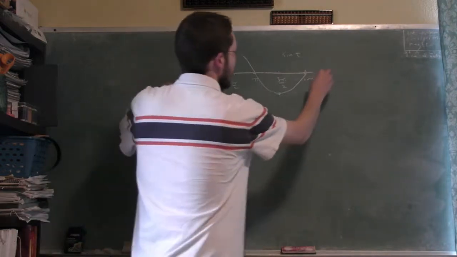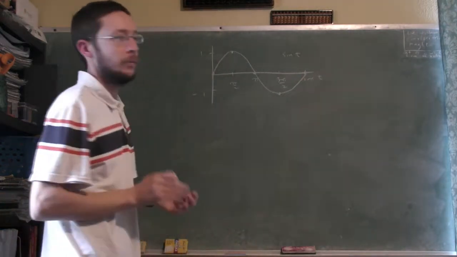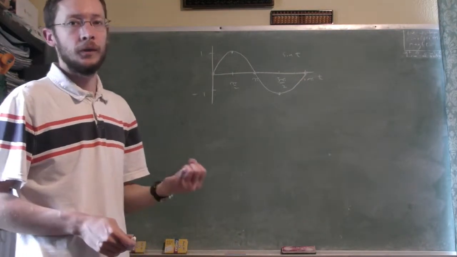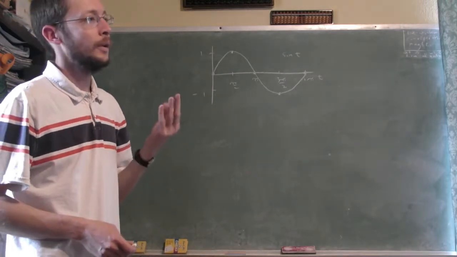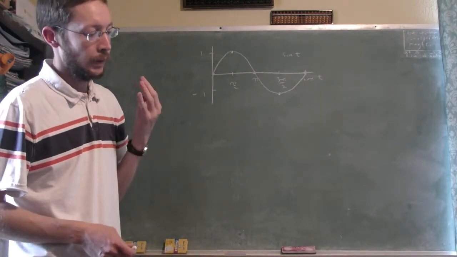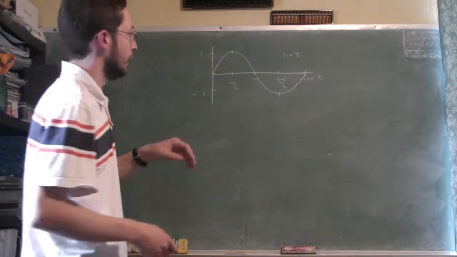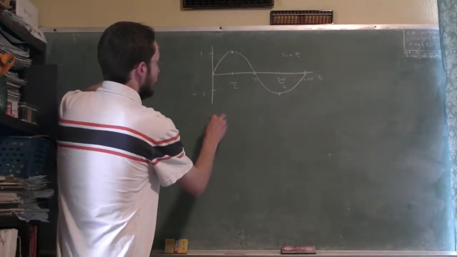So that's sine on one period. Sine t. This is the t-axis. Okay? Same thing with cosine. We know it starts at 1, then down to the middle, down to negative 1, and back to the middle, and then it starts repeating at 1.